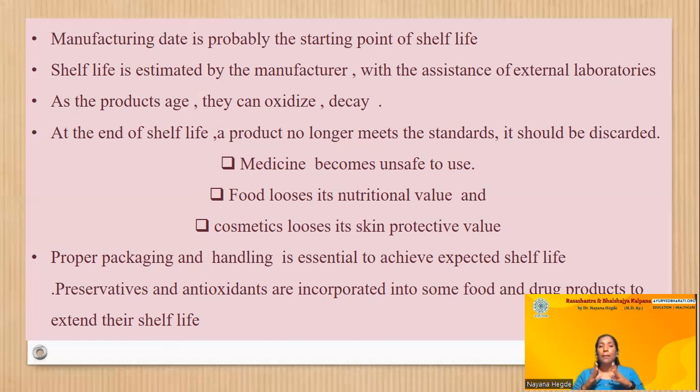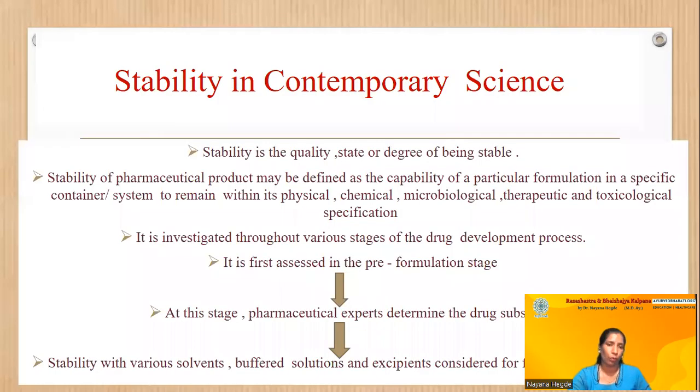So if we properly pack the medicine and if we handle it properly, we can achieve the expected shelf life. मतलब अच्छे से उसको हैंडल किया है, अच्छे से पैक किया, तो जिसके ऊपर शेल्फ लाइफ लिखा होता है, उतना शेल्फ लाइफ हम लोग अचीव कर सकते हैं। To increase the shelf life of the product, preservatives and antioxidants can be incorporated into some medicine and food products to extend the shelf life.